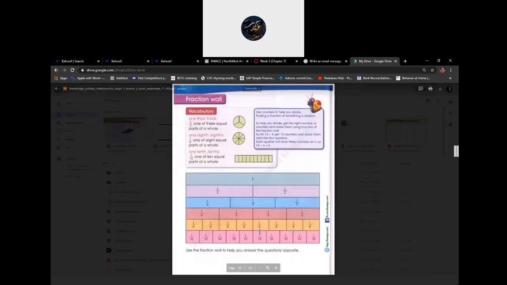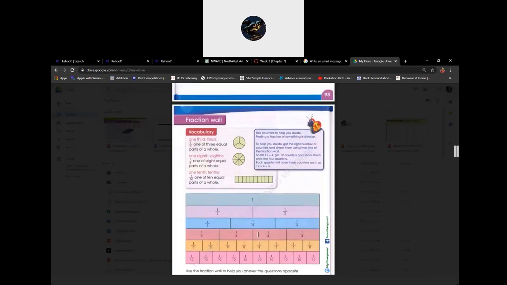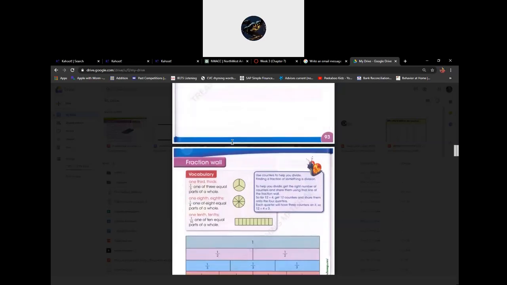Okay then. So we'll move on to fractions. Okay. Page 94. Krish, do you want to do the first one? Oh, this doesn't have anything. It's information. So it says 1/3, 1 of 3 equal parts of a whole. 1/8, 1 of 8 equal parts of a whole. 1/10, 1 of 10 equal parts of a whole.